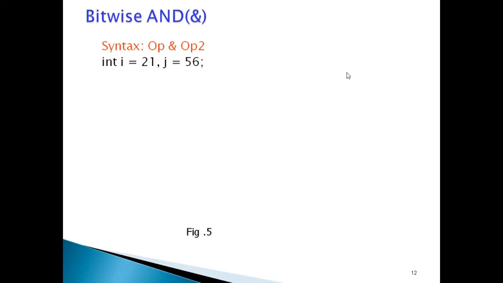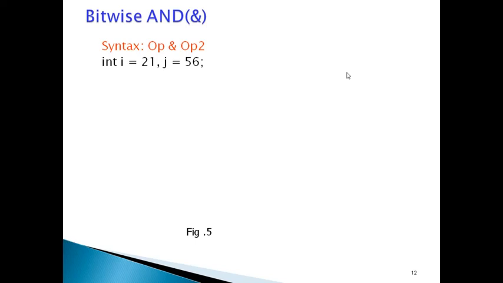Now we will see the bitwise AND operator. We used the logical AND operation earlier. It is similar to the logical AND operation, but here we are performing the AND operation at bit level.